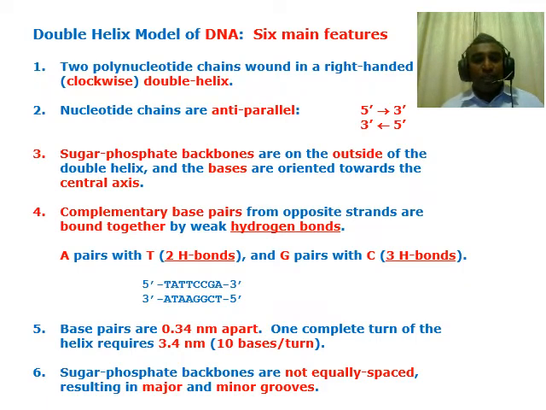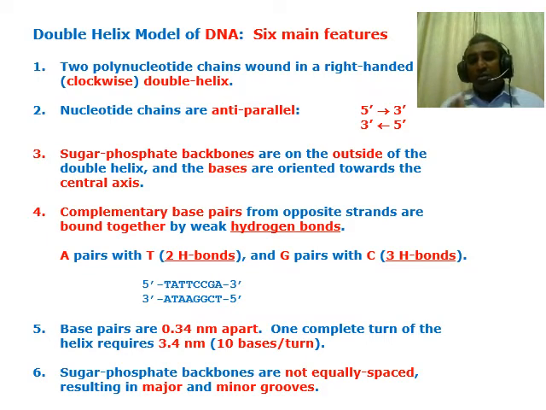Okay, and the fifth fact refers to base pairs being 0.34 nanometers apart. Each nanometer is 10 to the power of negative 9 meters. Okay, so we've got 10 base pairs. I'll show in a while.